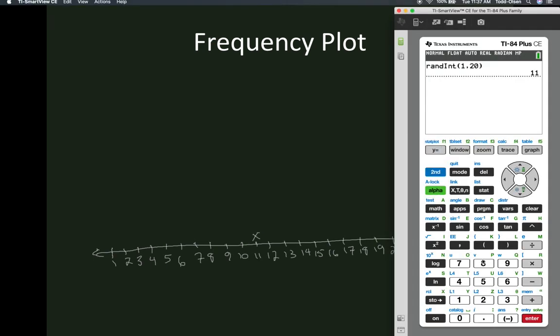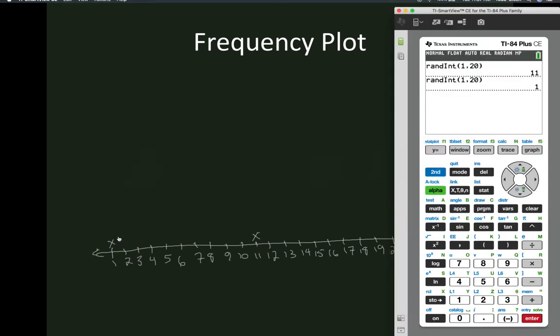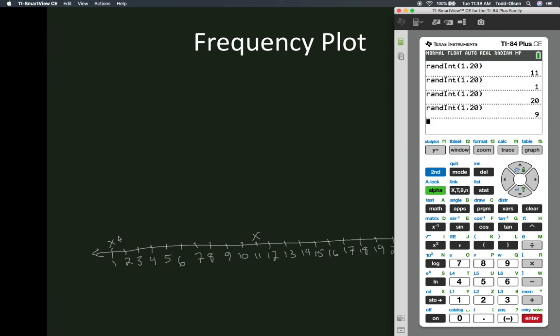Now I'll repeat the simulation. All I have to do is press enter. The next number that was rolled is a 1. I'll do a couple now, a 20 and a 9.